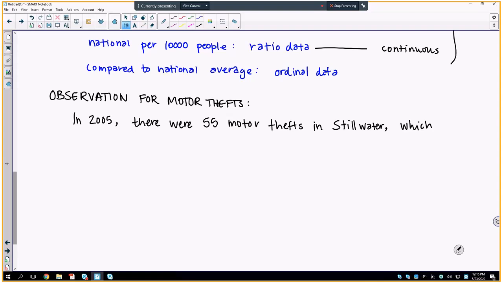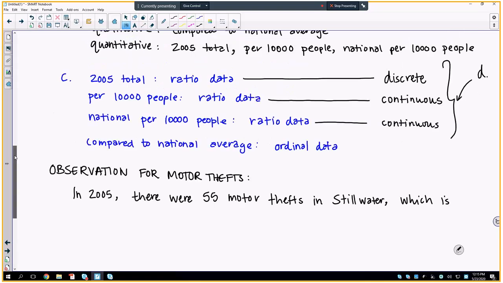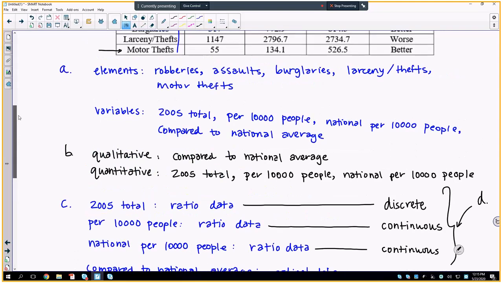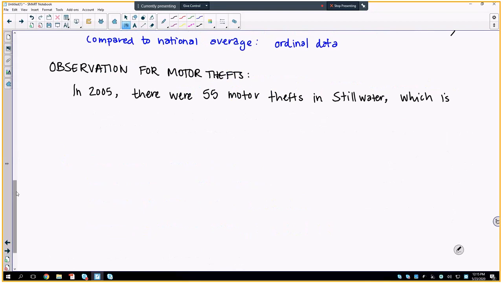Which is 134.1 motor thefts per 10,000 people in Stillwater.